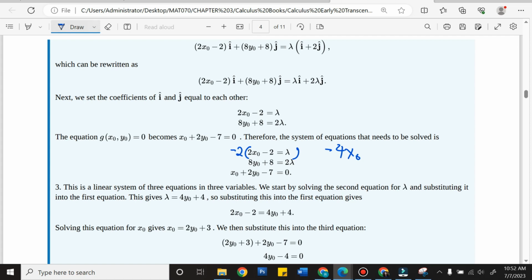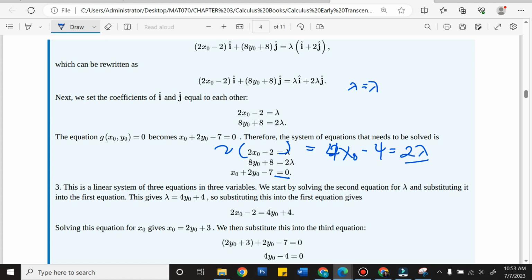Oh, sorry. Wait. We are not eliminating lambda here. Take note, class, that lambda is equal to lambda. So, what I will do here, I can simplify the second equation or I can simplify the first, I can make the first equation equal to 2 lambda. So, I can multiply 2 to both sides. I will have 4x sub o minus 4 equals 2 lambda. 2 lambda is equal to 2 lambda.